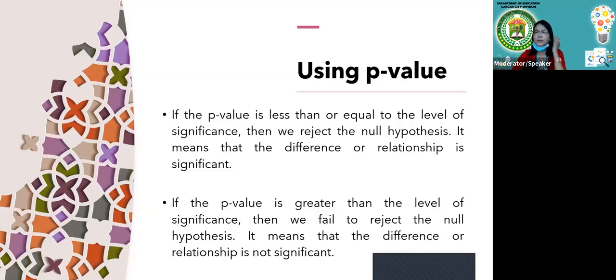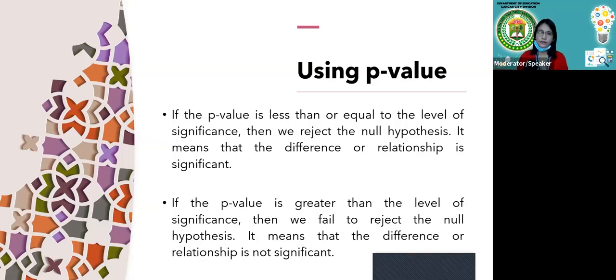Let's say, for example, upon computation, the p-value is 0.03. Comparing 0.03 and 0.05, the computed p-value is less than the level of significance. Therefore, you reject the null hypothesis and conclude that there is a significant difference or relationship between the variables.